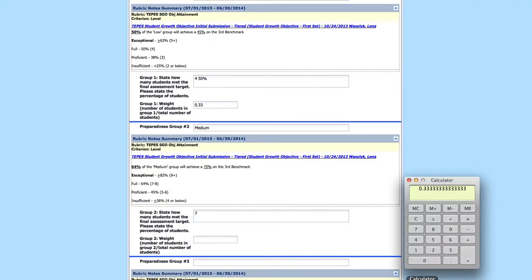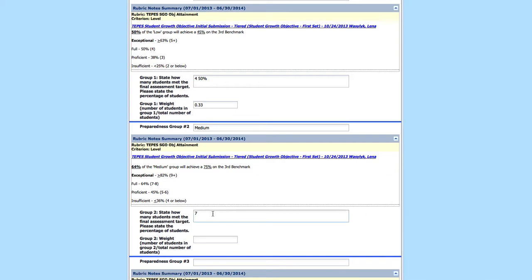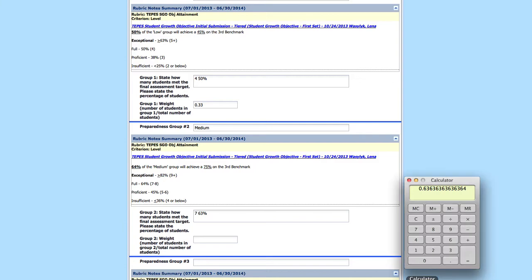So let's bring up our calculator again, and we'll say 7 divided by 11 equals 63%. So I'm going to say 63%. And you'll see that 7 students is full attainment, and we'll establish the weight for that group as well.